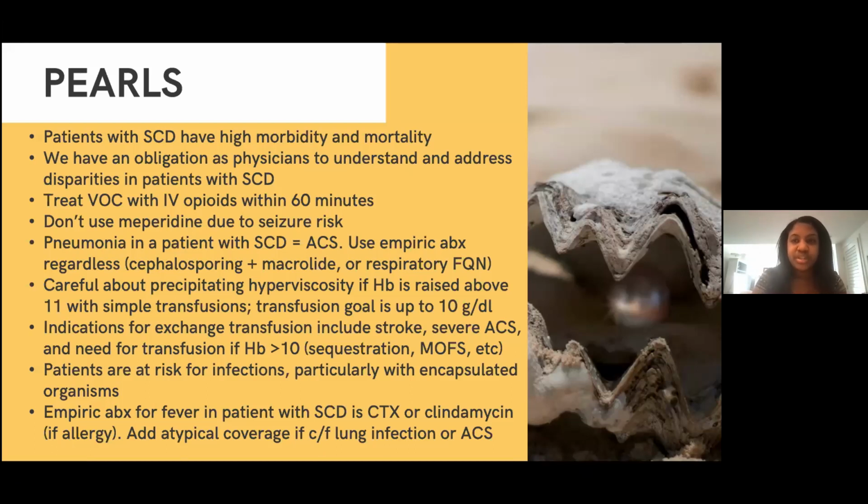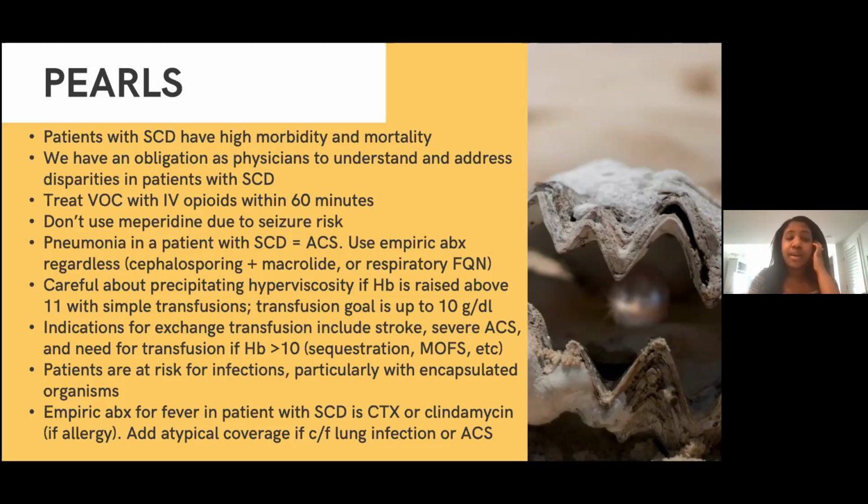We should treat vaso-occlusive crises with IV opiates within 60 minutes of presentation. We shouldn't use meperidine due to seizure risk, unless we have to. Pneumonia in a patient with sickle cell disease is ACS, essentially. They're indistinguishable. And so we should be using antibiotics empirically, regardless of whether they have an underlying pneumonia or not, for ACS patients: a cephalosporin, and I spelled cephalosporin wrong, plus a macrolide or respiratory fluoroquinolone.